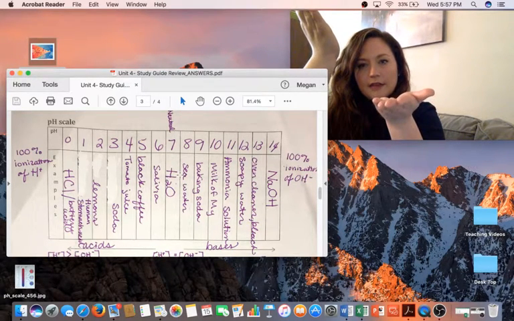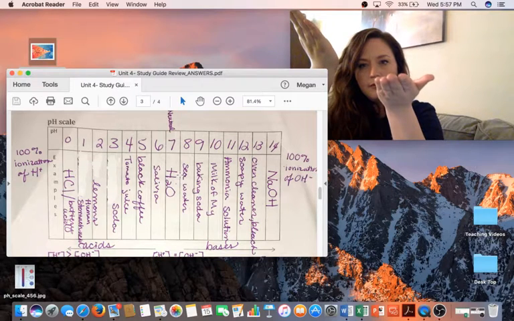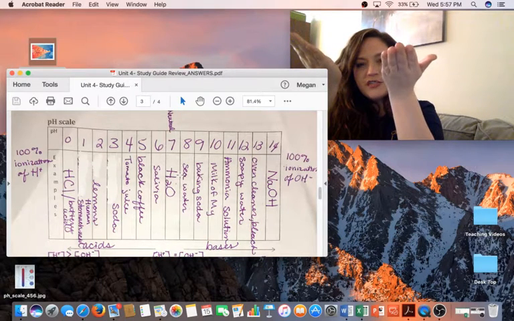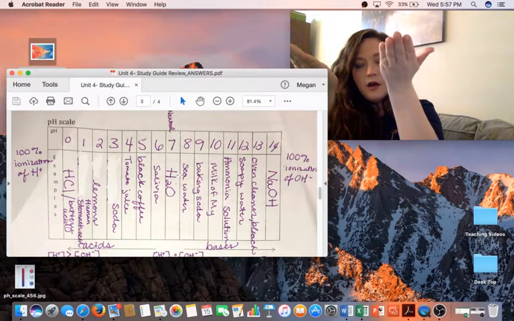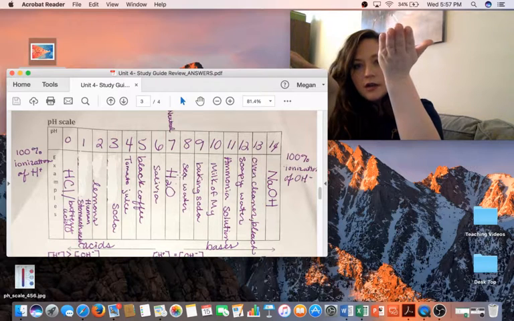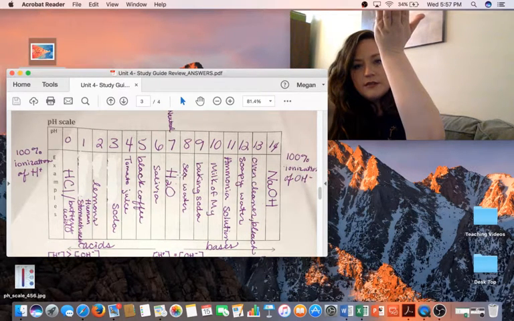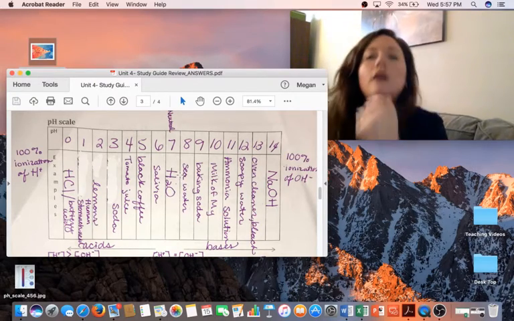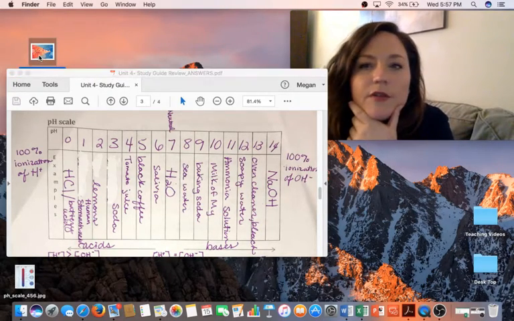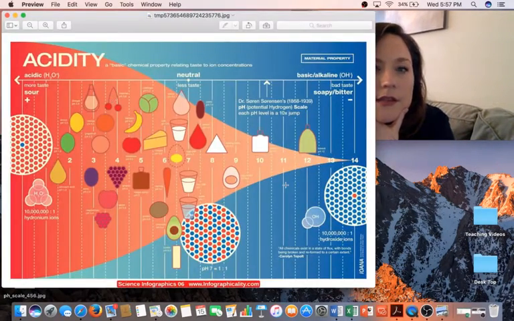And as it gets closer to the middle, when it reaches 7, they have an equal number. Then when it moves to the basic side, all of a sudden OH becomes greater and the hydrogen ions become a lot less. Another great visual example of this is this amazing infograph.